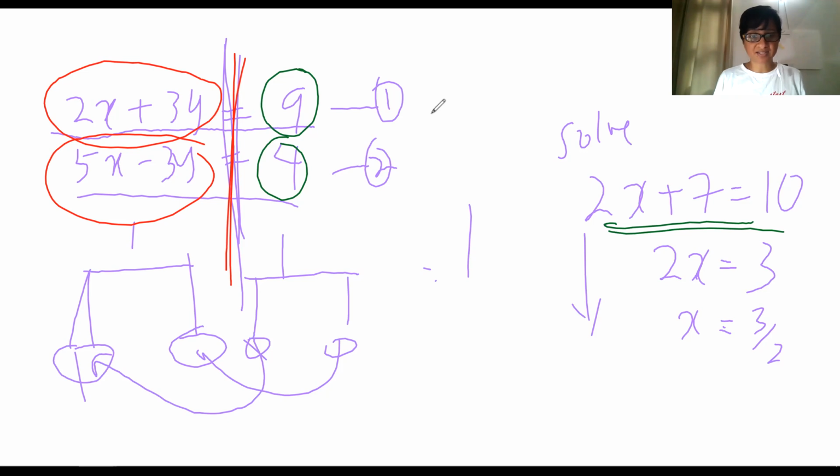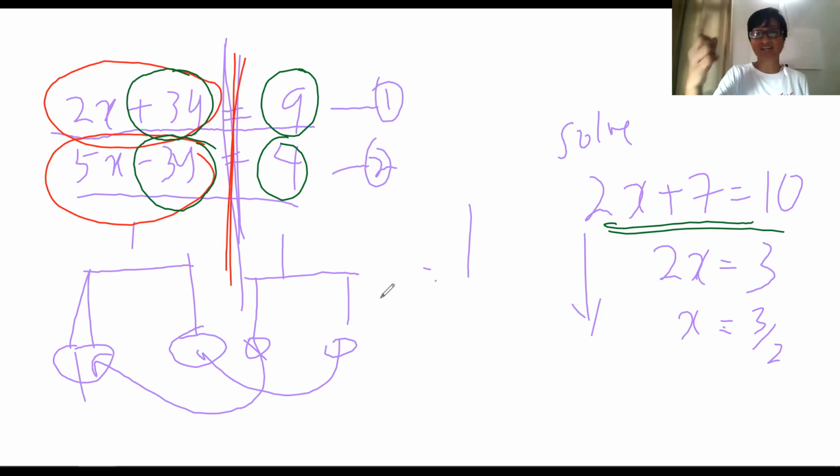Similarly, you can subtract an equation from another equation. So that's a strategy of solving simultaneous equations. You add or subtract the two equations that you have if you can get rid of a certain variable. Here I have plus 3y, here I have minus 3y, so if I add them, the y will get cancelled.